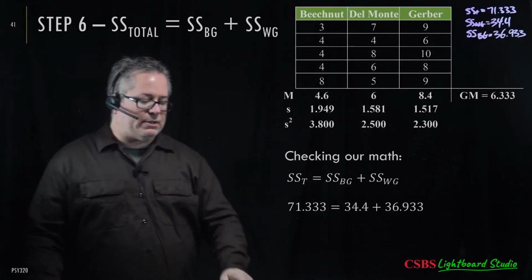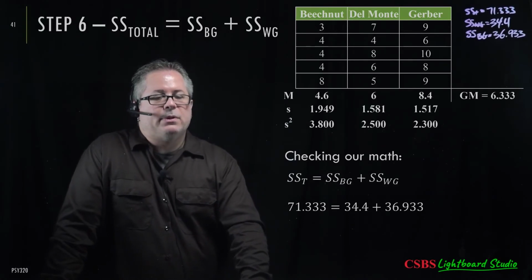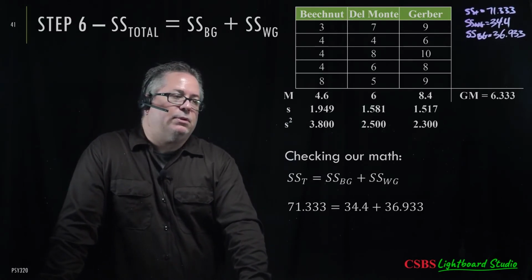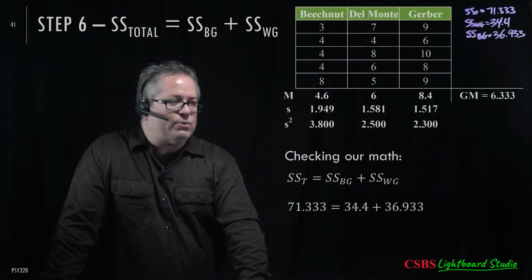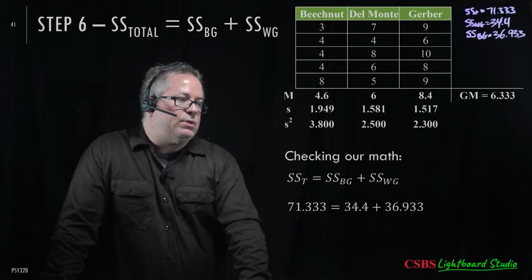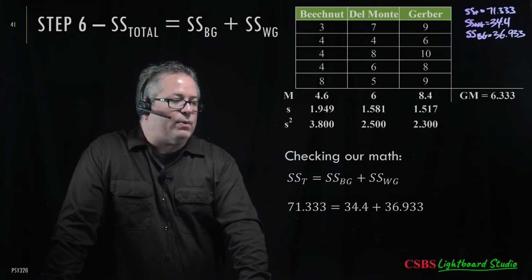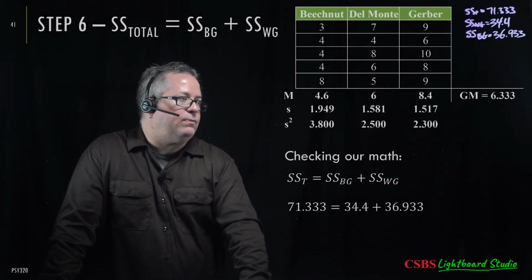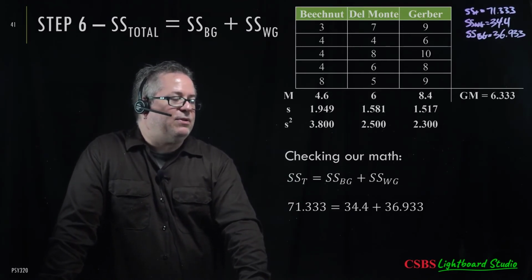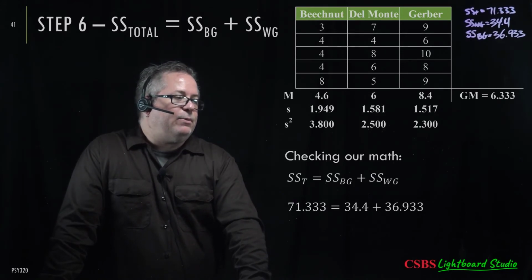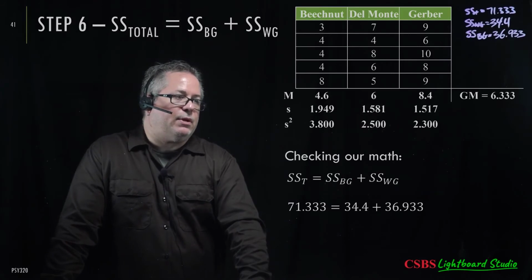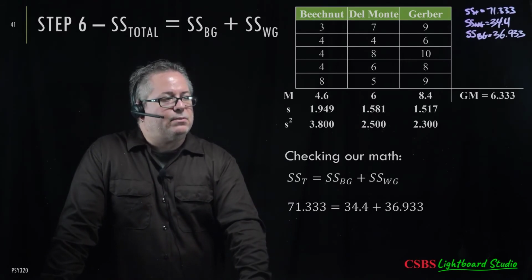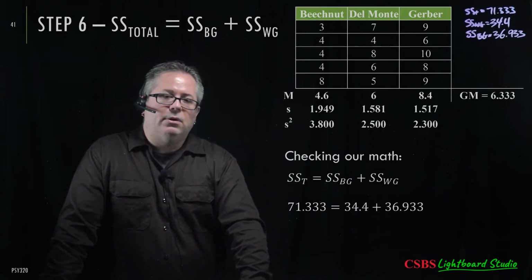This is one thing that is good to do if you're doing this for a quiz or an exam: when you find the sum of squares total, between and within, you should add them up to see if they add up right. If they do, then you feel safer that you did it correctly. If you add up the between and within and it doesn't equal the total, then you probably have to go back and find out why something went wrong, and it might help you fix the problem. Okay.